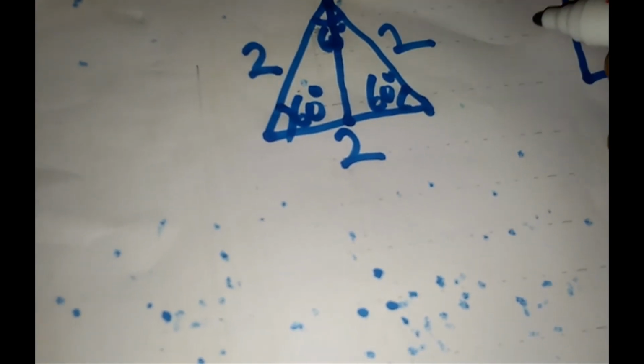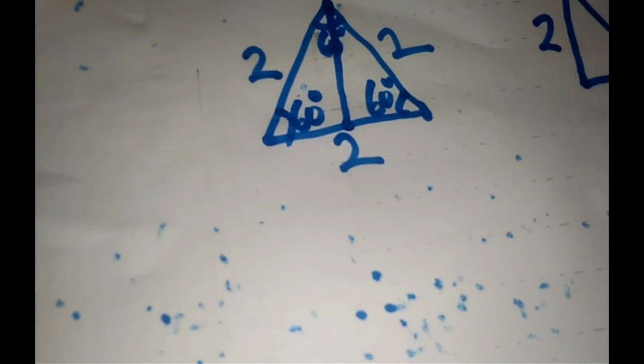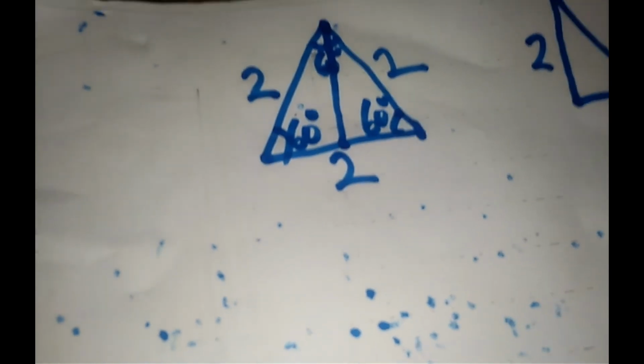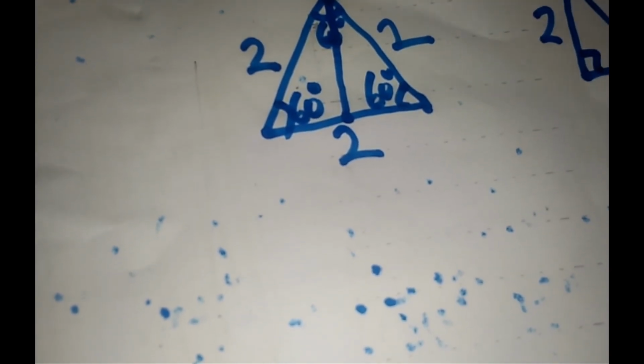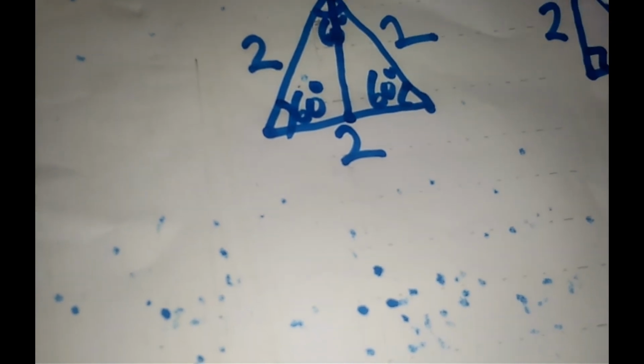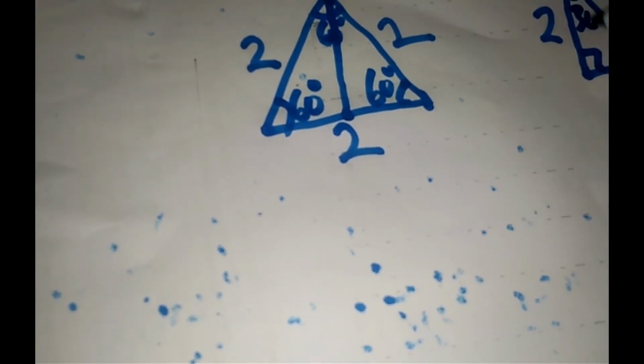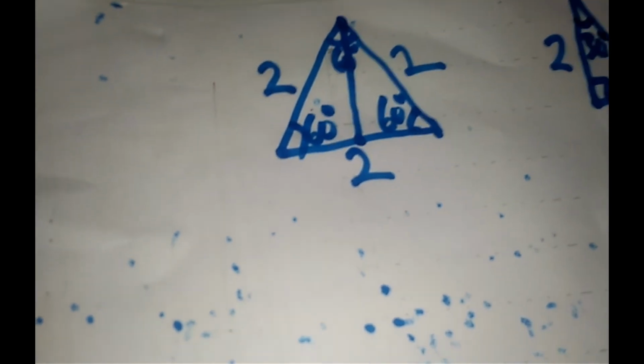Okay, so we are going to have 2 here, 1 here. We have 90 degrees, and we have 60 degrees here, and we would have 30 degrees here because we've already divided it by 2.